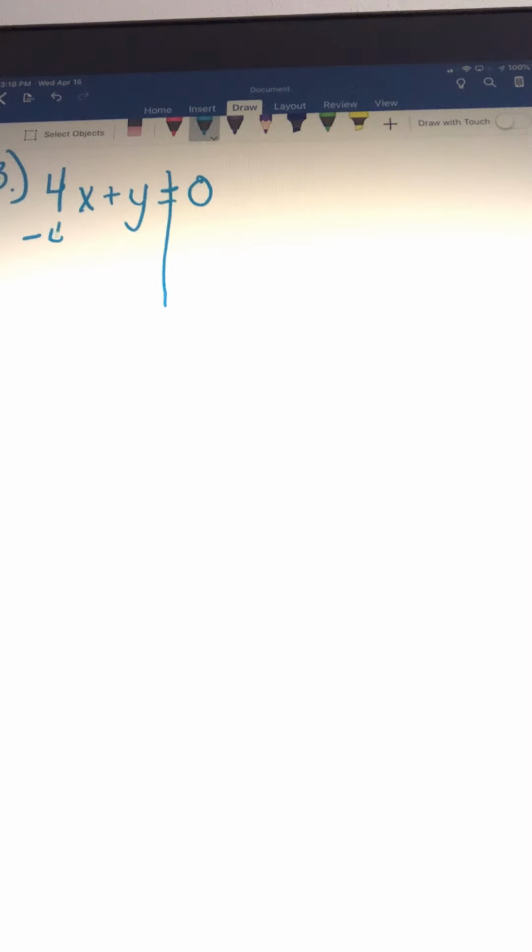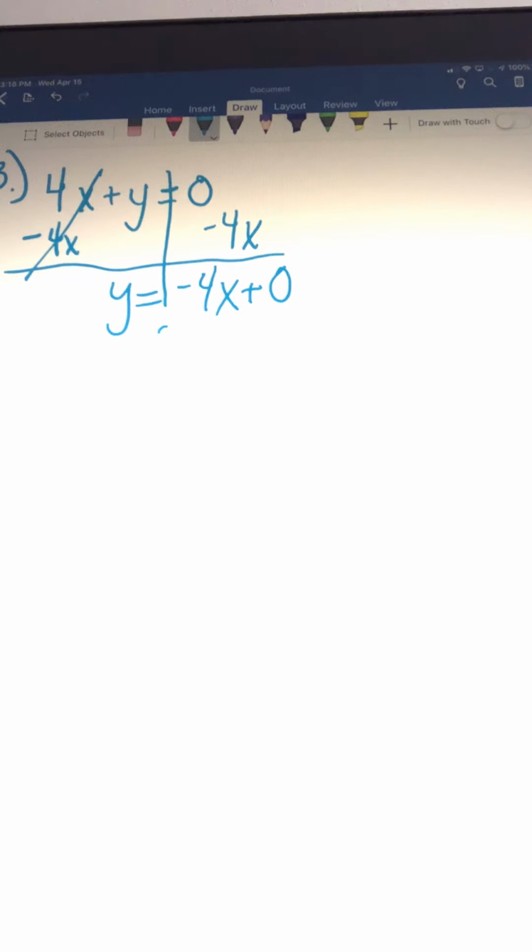So subtract 4x. 4x minus 4x cancels. I have 1y equals negative 4x plus 0, or just y equals negative 4x. Here's your equation.